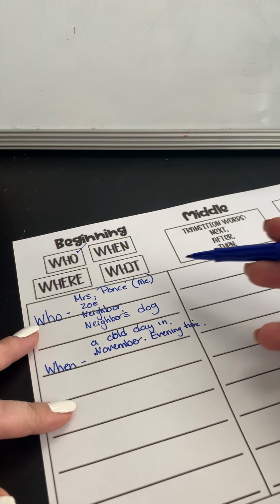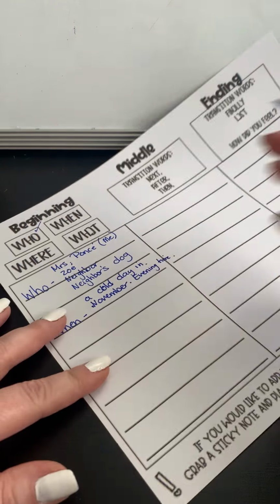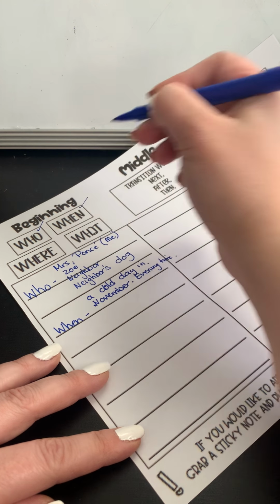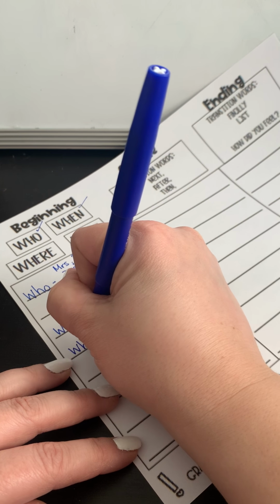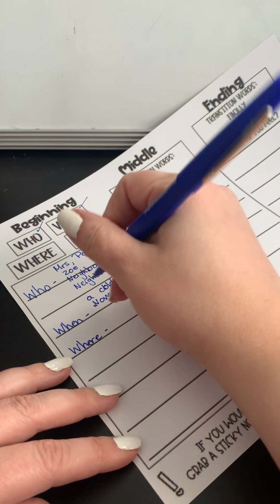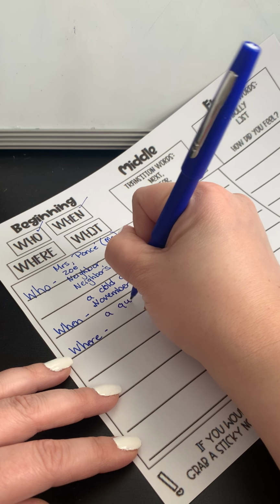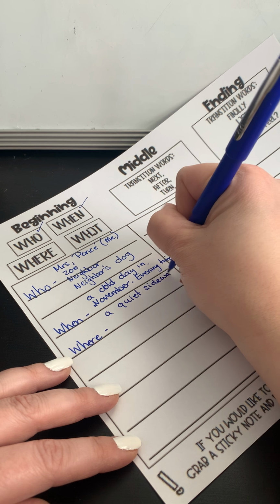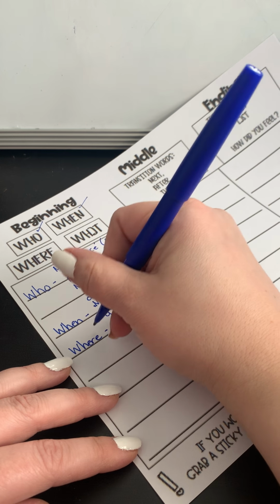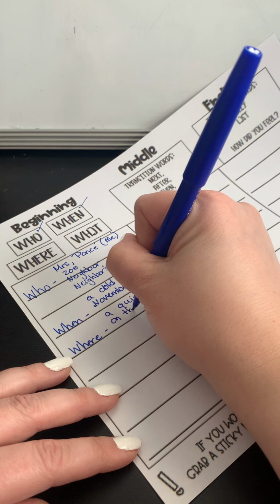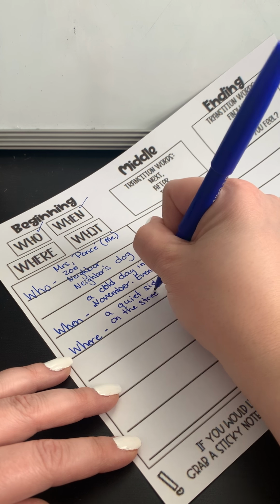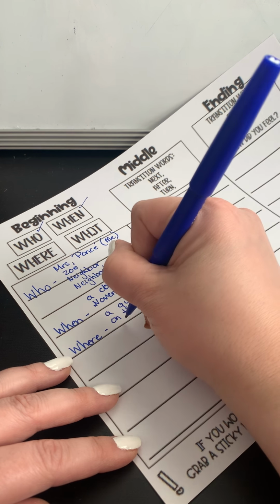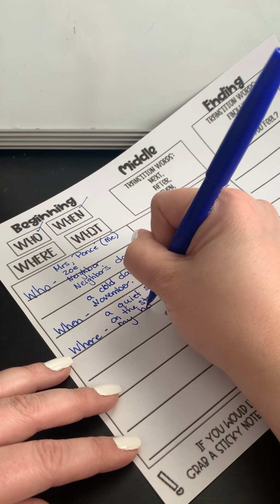Notice how I'm not writing full sentences here. I'm just getting my ideas down. So I have when, where, it was a quiet sidewalk on the street near my house.